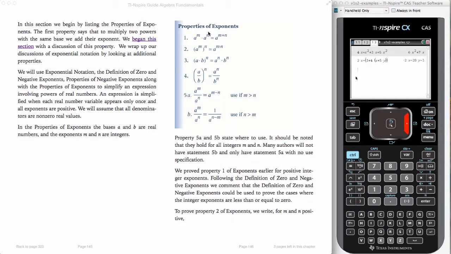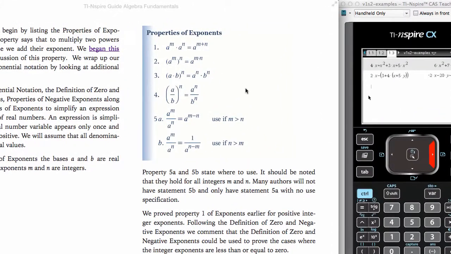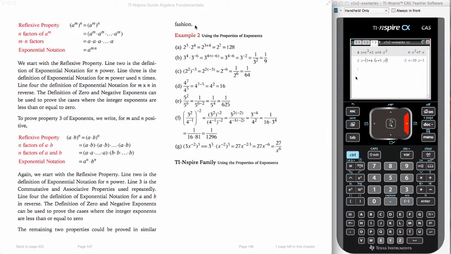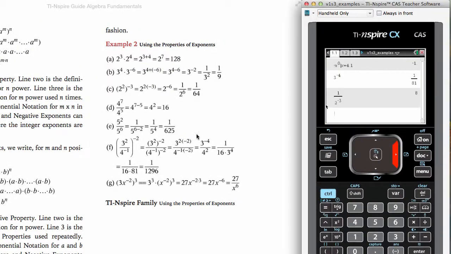Here again, you see that we have the various rules for dealing with exponents. And if we take a look at our example problems for the third chapter, we see that we have all kinds of problems to work. These are shown as example 2.